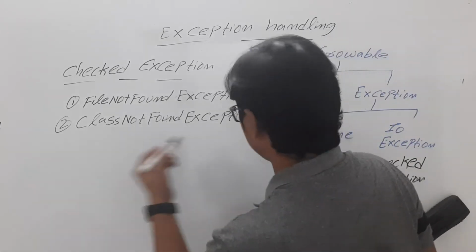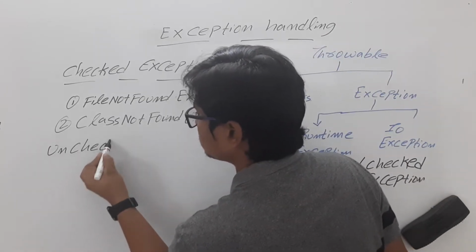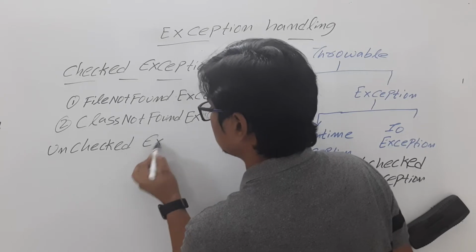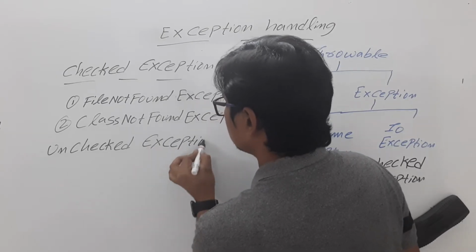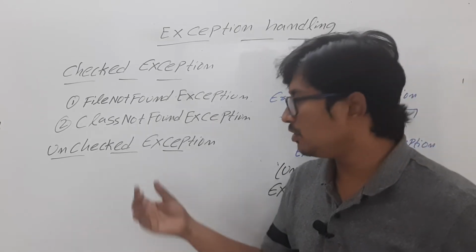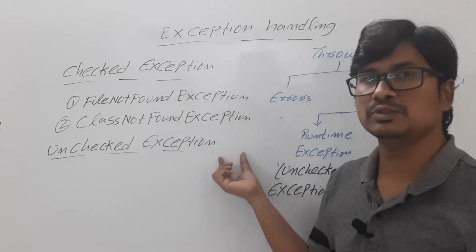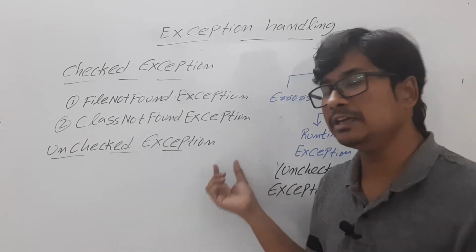When it comes to the runtime exception or unchecked exception, these exceptions will not be verified or checked by the compiler. So these kinds of exceptions we'll call runtime exceptions.